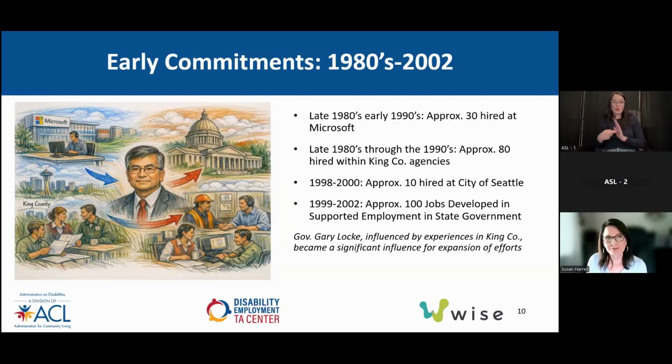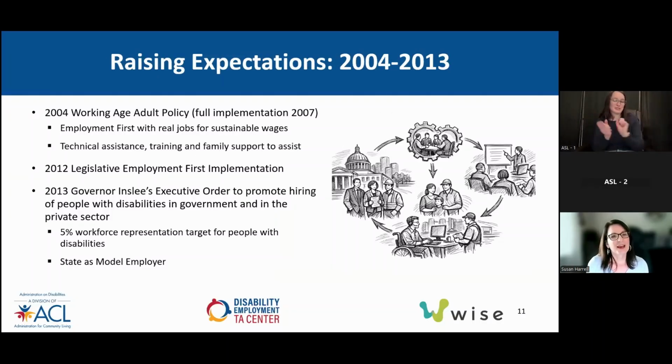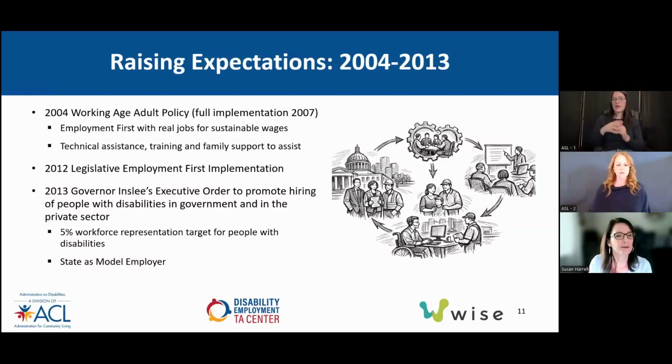Next slide. And between 2004 and 2013, I would say that this is where I was speaking earlier about policy beginning to increase expectations, and then it feeds into information and ultimately practice.